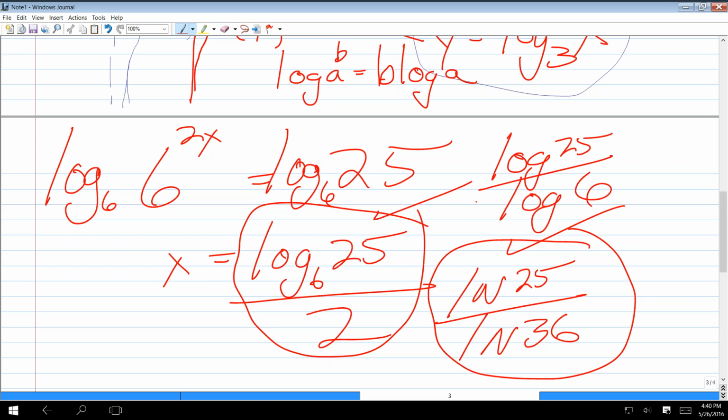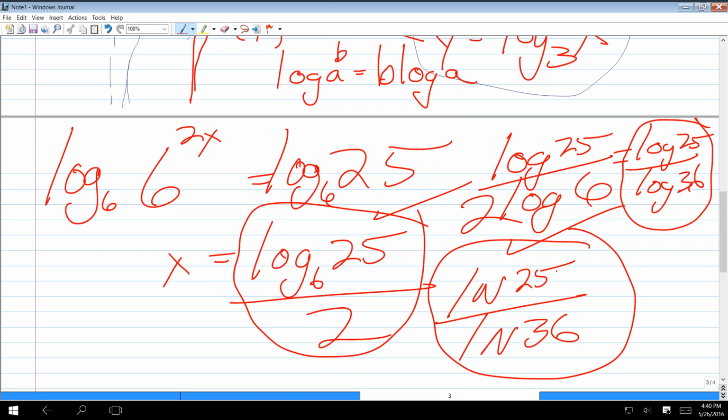I still have to divide by 2. So I end up with the same answer. I get log of 25 divided by the log of 36. And notice that that ratio is identical to this ratio. Doesn't matter if it's natural log or common log or log base 17. When you have ratios like this, they're all the same. Okay?